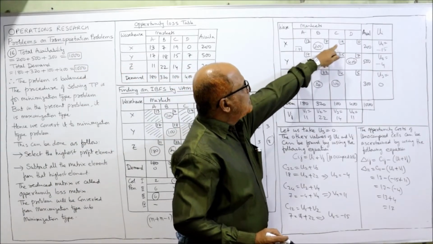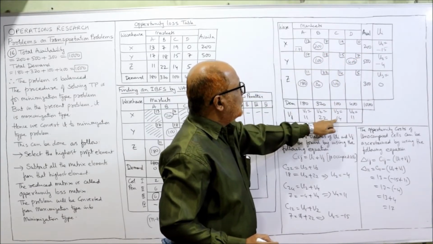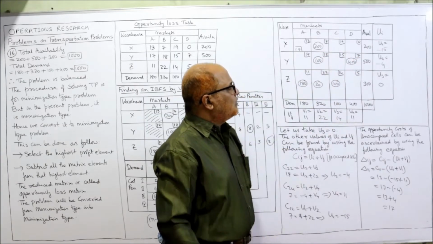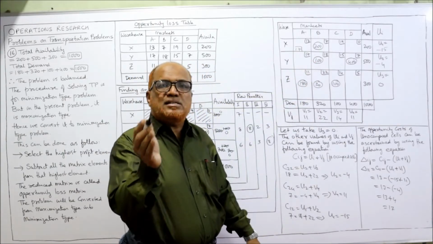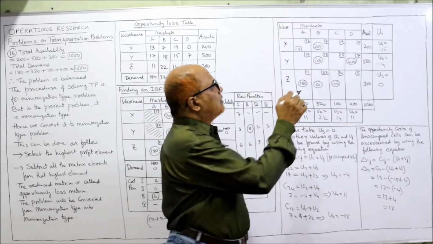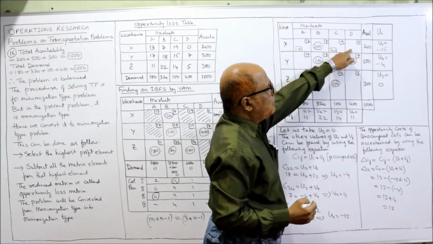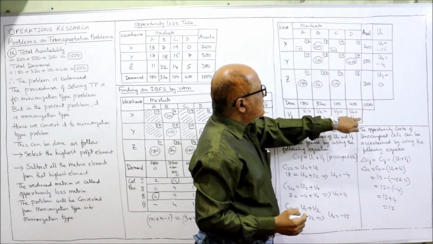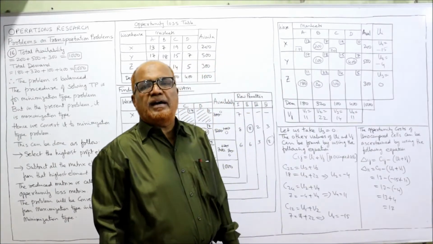Similarly here, Cij is 19, Ui is minus 15, Vj is 14. So 14 minus 15 is minus 1. So 19 minus minus 1, minus into minus plus 1. So 19 plus 1, 20. Now I am coming to this one. 0 minus (11 minus 15). 11 minus 15 is minus 4.